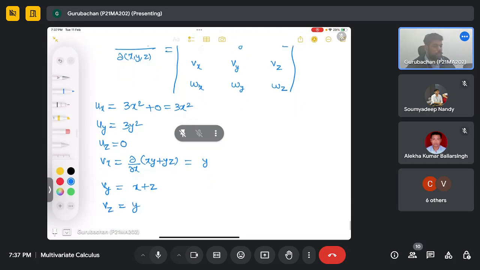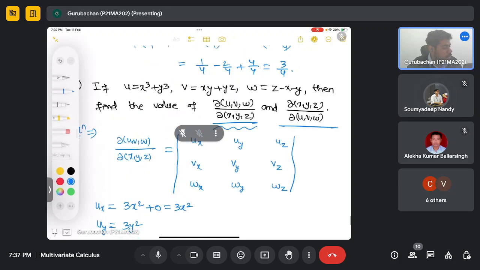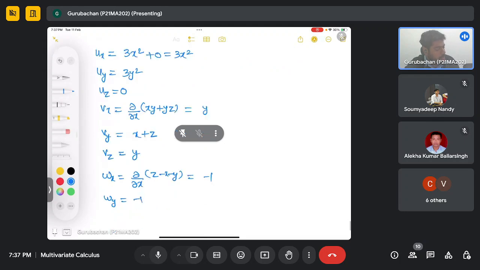I think I'm doing correct. Okay. So next one is wx. So w is z minus x minus y. The partial derivative with respect to x will give us minus 1. Wy is also minus 1, and wz will be 1.